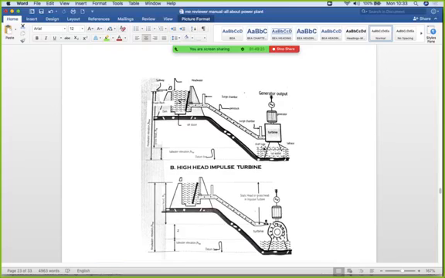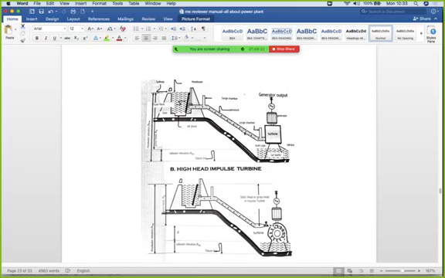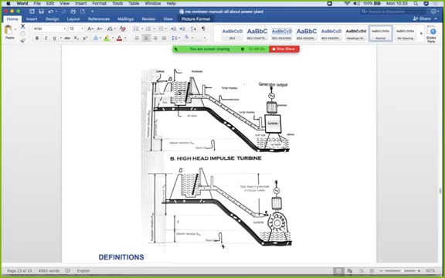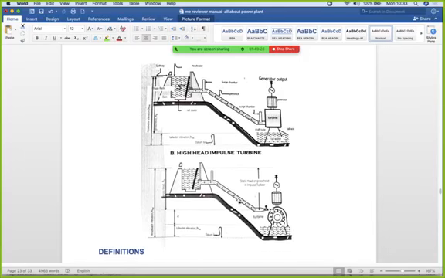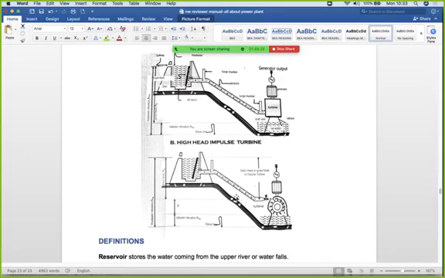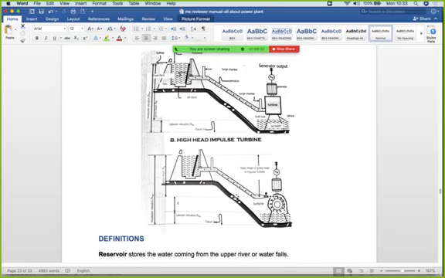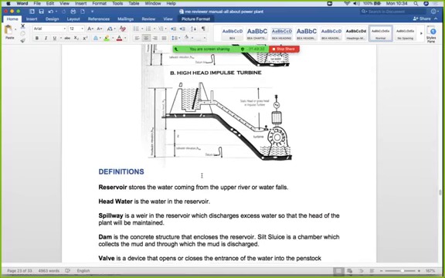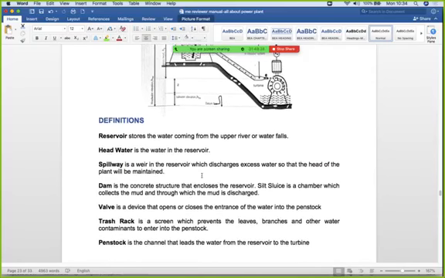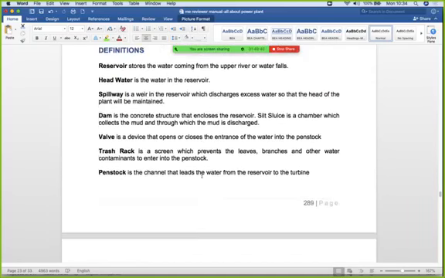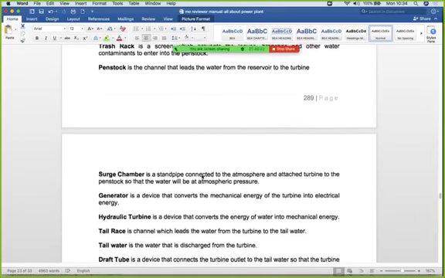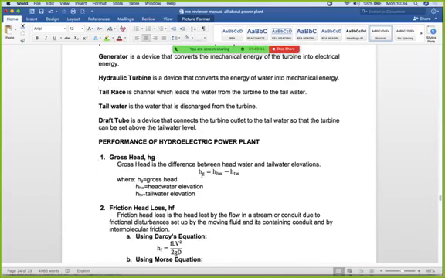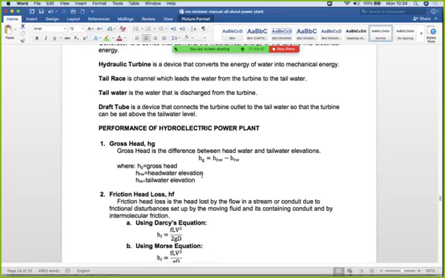What transfers the energy is just the rotation of the blade, because of the pressure supplied by the downstream of water coming from the dam. So we have the reservoir, headwater, spillway, dam. You can read all about the hydroelectric plant. So we have the gross head.